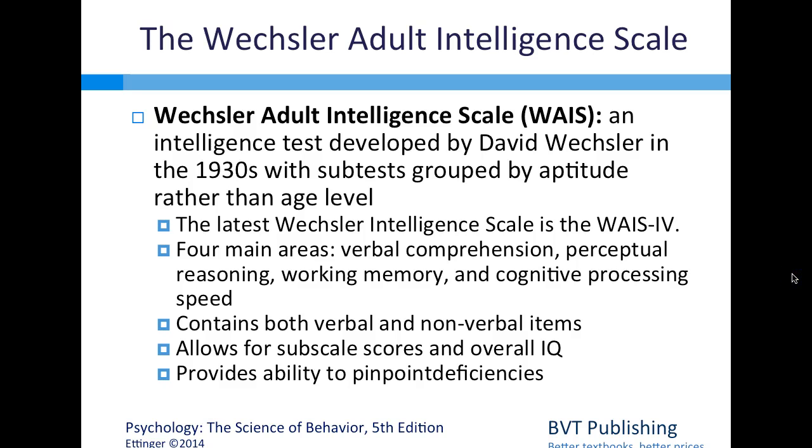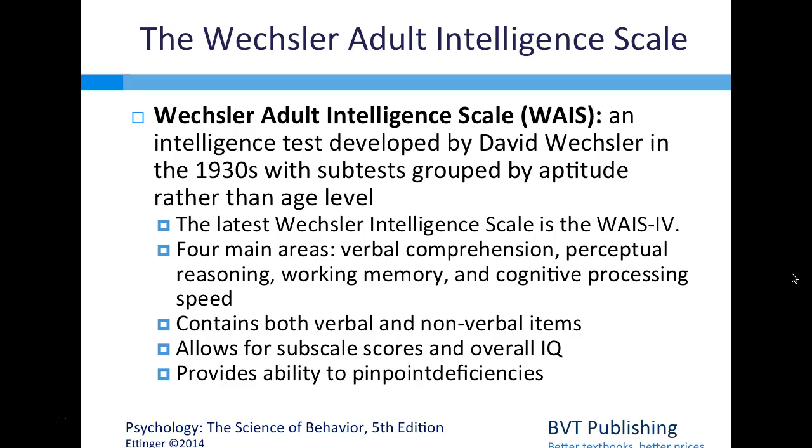Okay, so again, back to the adult intelligence scale. The Wechsler Adult Intelligence Scale. This is an intelligence test developed by David Wechsler in the 1930s with subtests grouped by aptitude rather than age level.